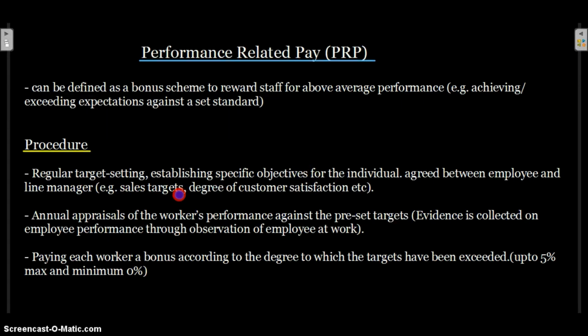Then it's easier to understand that this particular employee had above average performance, so you can reward it. It is easier to measure their performance this way.